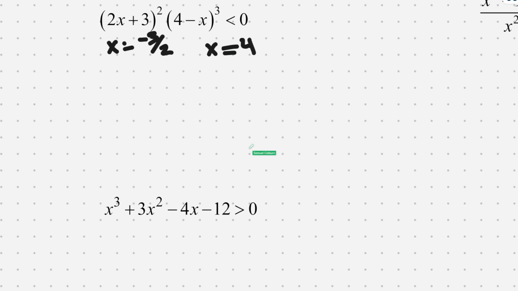I could ask an IM3 student at the end of the year to sketch this function for me, and what they would do is they would say, okay, I see it has a root at 4, and I see it has a root at -3/2, and I can tell the root at -3/2 is a double root, meaning the function bounces off the x-axis, whereas the root at 4 is a triple root, meaning it doesn't bounce, it kind of curves through it.